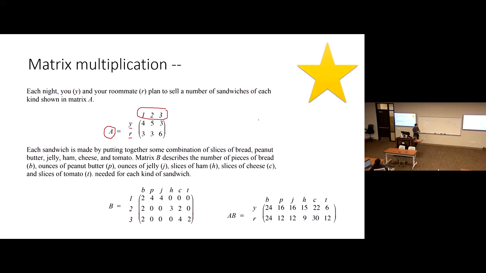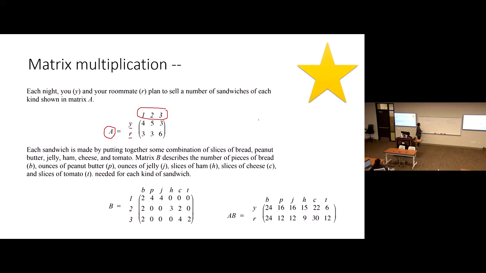So these two matrices can be multiplied. So A times B gets C, okay? So this multiplication can be done.